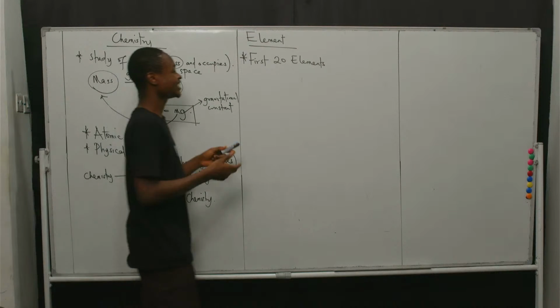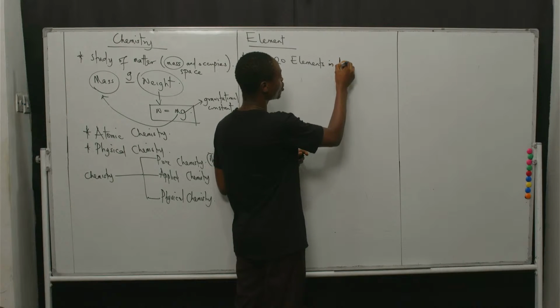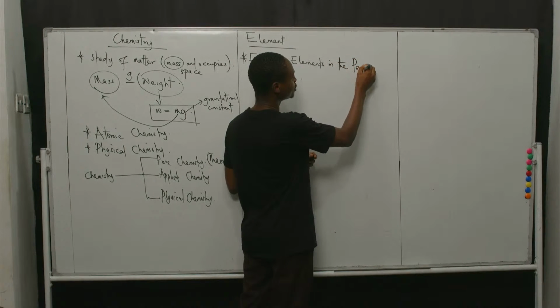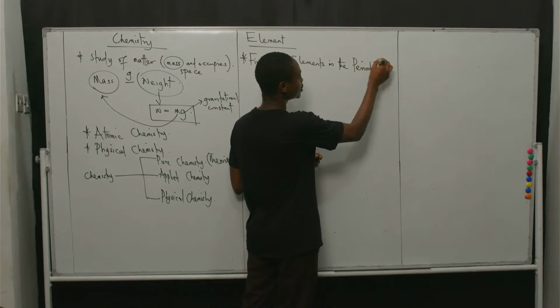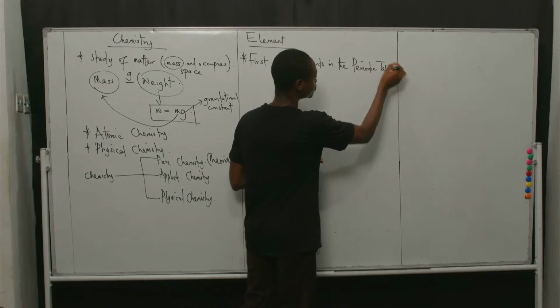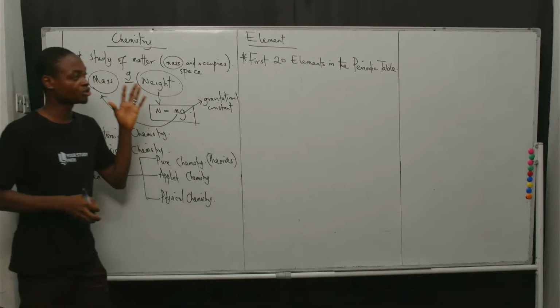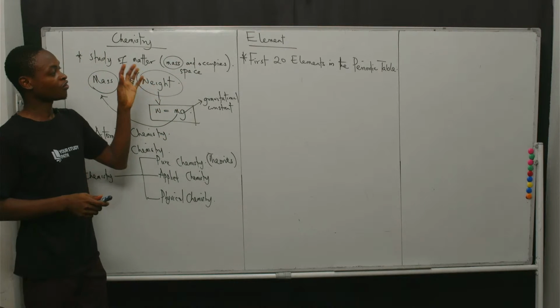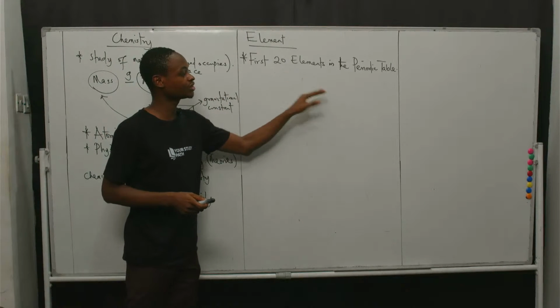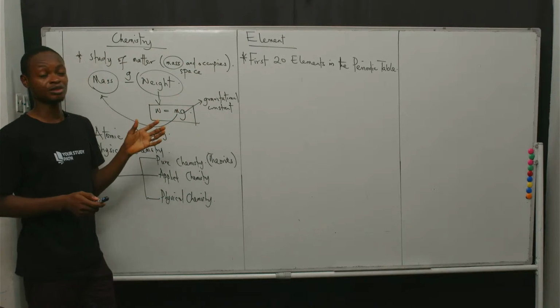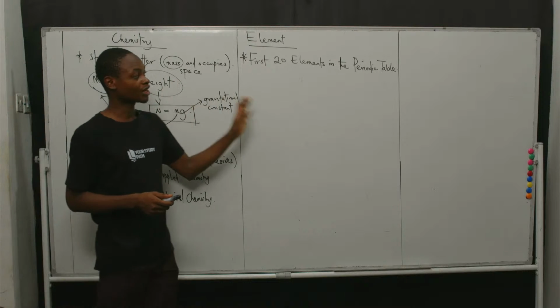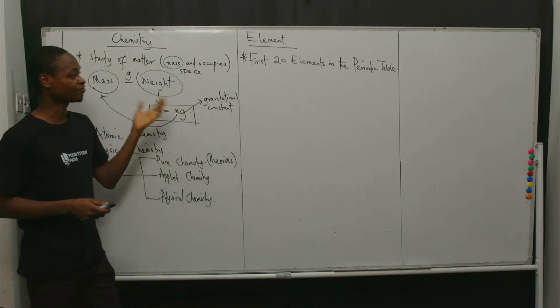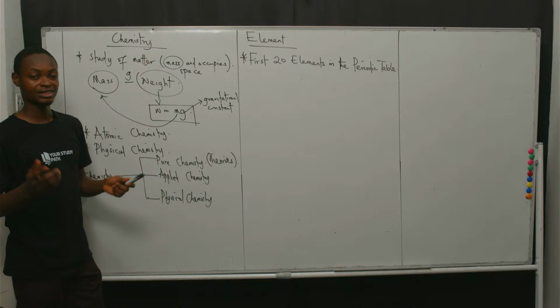They are arranged in what we call the periodic table. Later on, we will still discuss the periodic table as a topic. But first and foremost, let us consider the first 20 elements in the periodic table. We'll talk about some characteristics of them, and then from there, we'll continue to extend our knowledge.